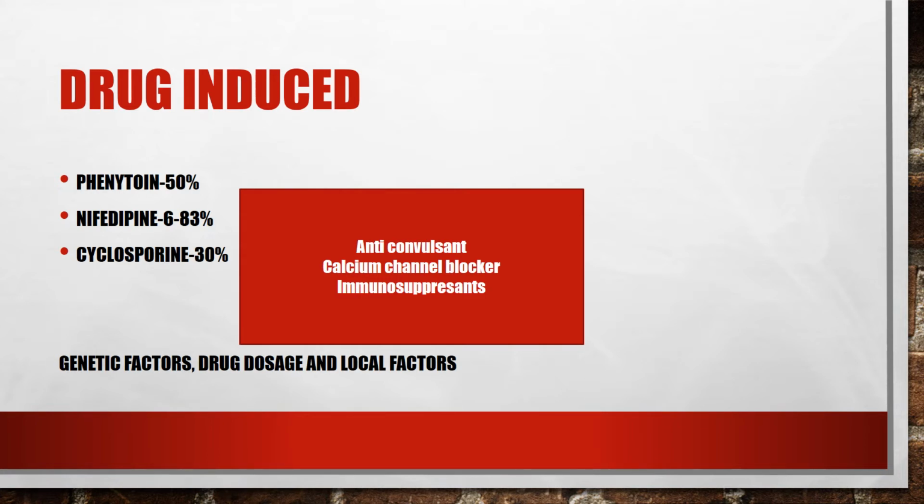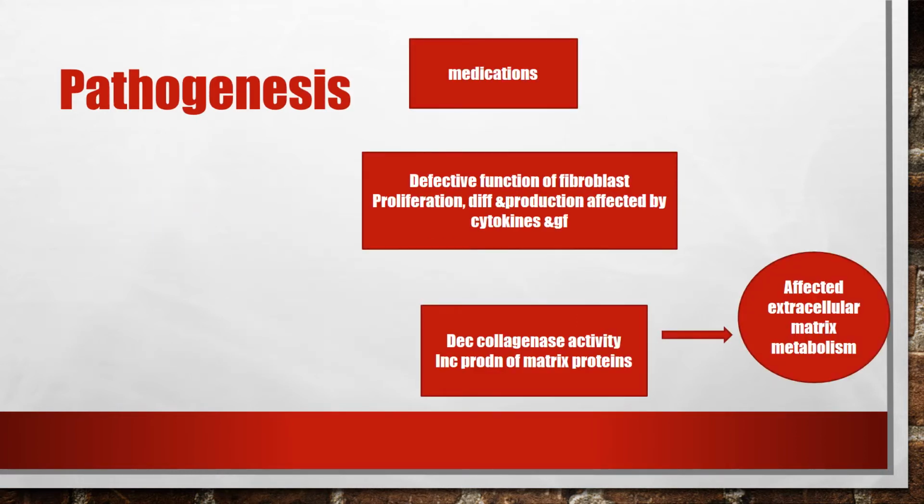The main factors associated with drug-induced enlargement are genetic factors and drug dosage, and the pathogenesis can be explained. The main causative factor is a medication that mainly acts on the fibroblast, which leads to defective function of the fibroblast. The proliferation, differentiation and production are all affected by cytokines and growth factors.